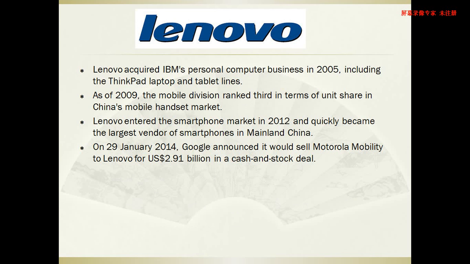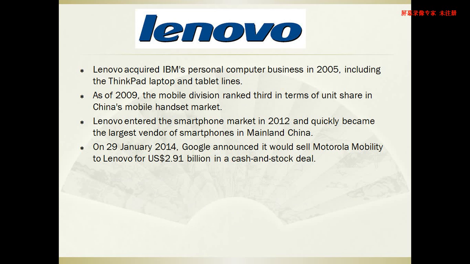And in 2000, Lenovo became third rank in the China mobile handset market, and Lenovo also entered the smartphone market in 2012 and quickly became the largest brand in the smartphone market in mainland China.